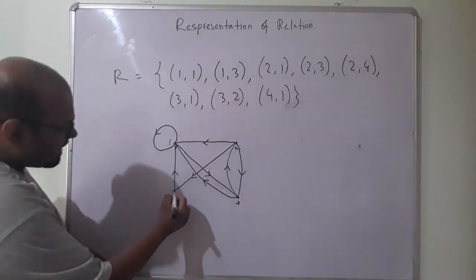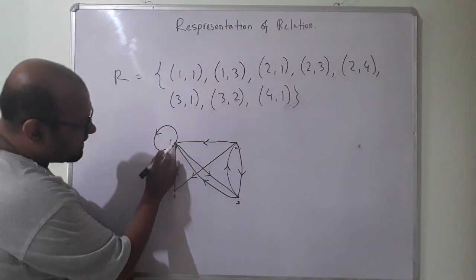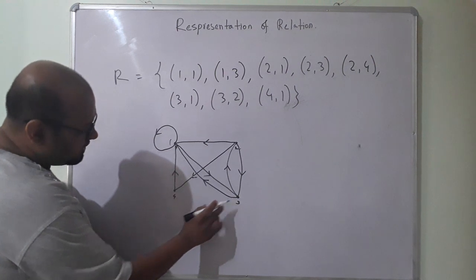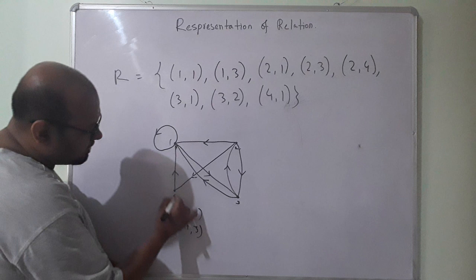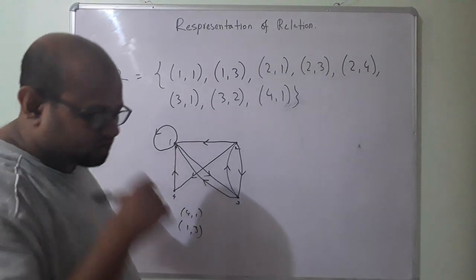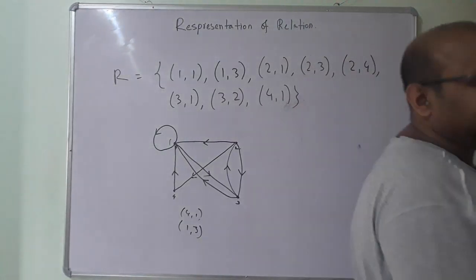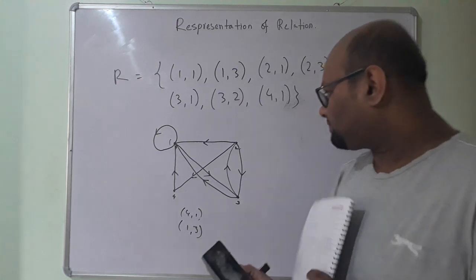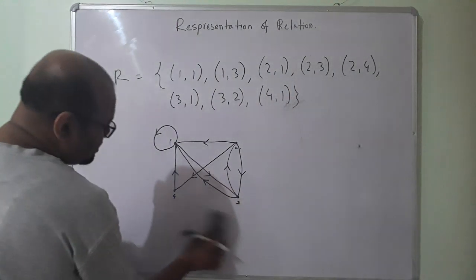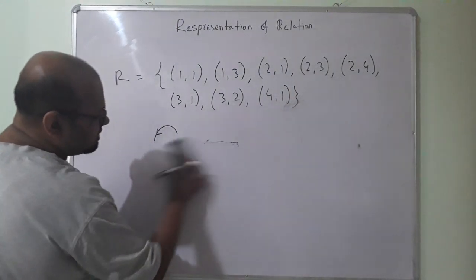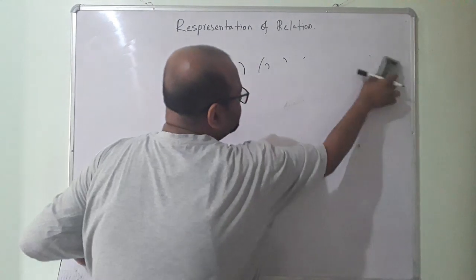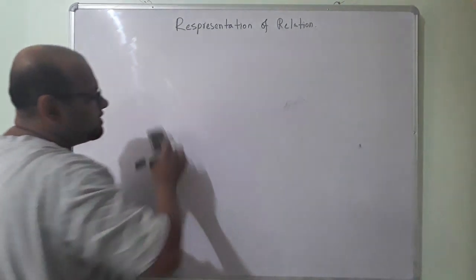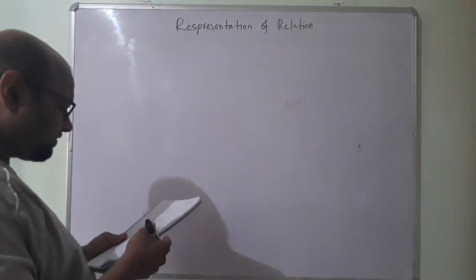I have this 4 1 and I have this 1 3, but I don't have 4 3, right? So because of that we know this is not transitive. So this is what we have, one relation that we have represented using this directed graph, digraph.